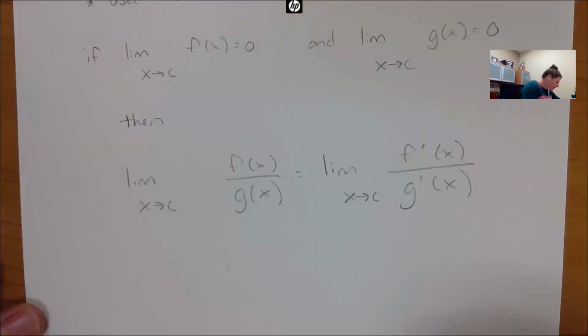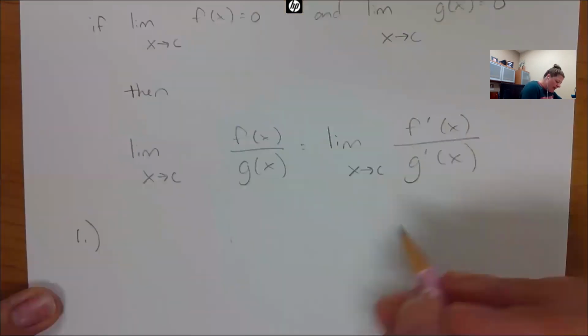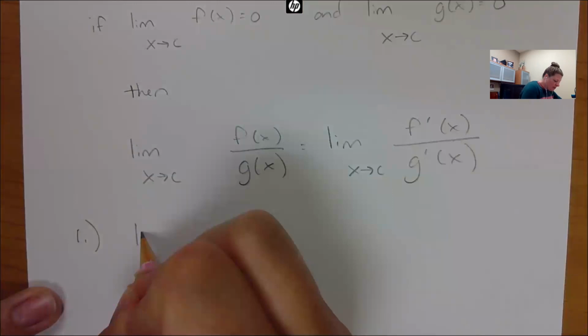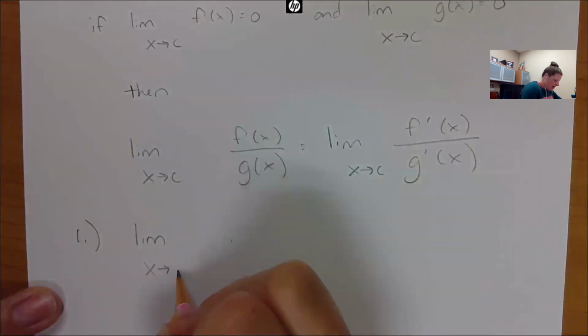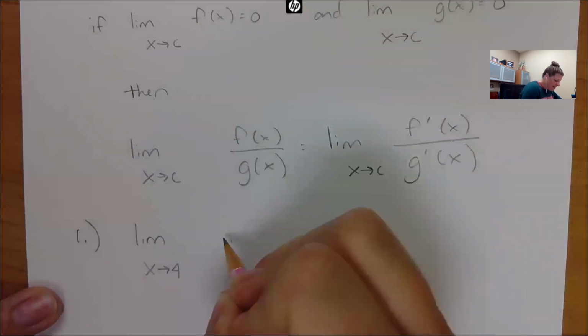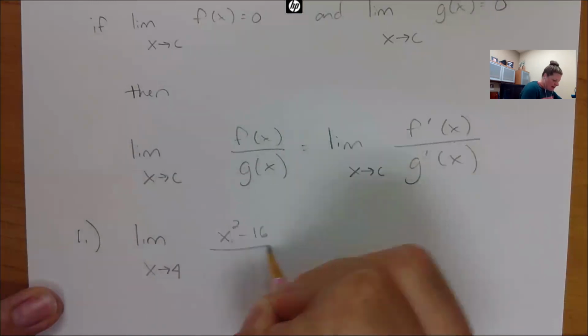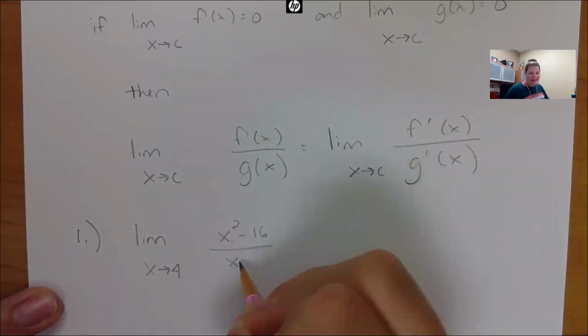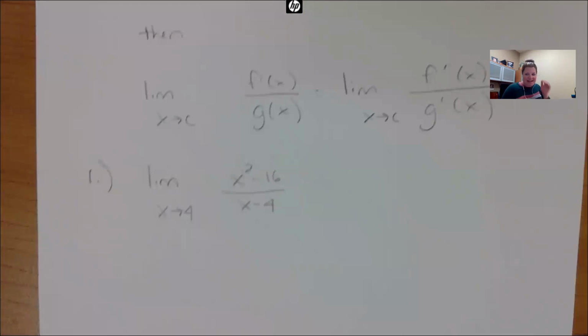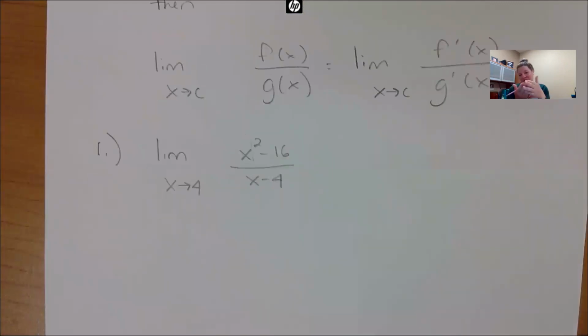All right, so my first example, what if I'm asked the limit as x approaches 4 of x squared minus 16 over x minus 4? Now, I'm 90% sure this was on the test, but it could have been a 5 and a 25. It was something similar. It could have been a 4 and a 2.